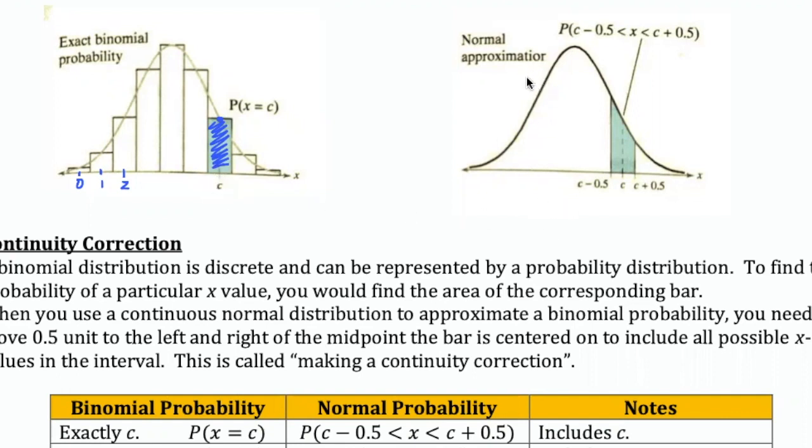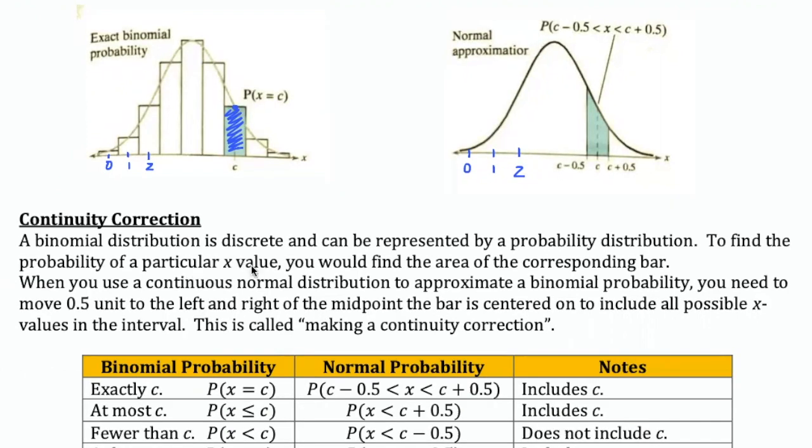In a normal approximation, we are allowing the variable to take on all possible values. So we're not just limiting ourselves to 0 and 1 and 2, but we're also able to talk about the probabilities of things in between there. Now, because of that, when we use the normal approximation, we have to apply a correction factor.